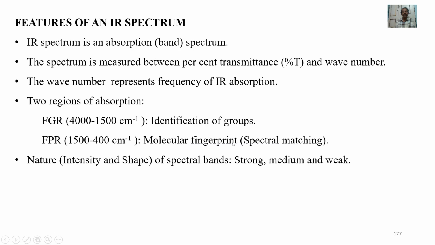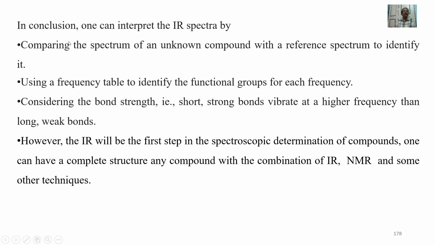So spectral matching of unknown compounds. Nature, intensity and shape of spectral bands, so one can differentiate strong, medium and weak bonds. In conclusion, one can interpret the IR spectra by comparing the spectrum of an unknown compound with a reference spectrum to identify it, using a frequency table to identify the functional groups for each frequency, considering the bond length, that is, short, strong bonds vibrate at higher frequency than long, weak bonds.